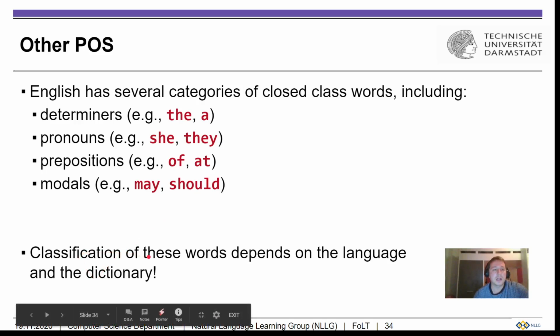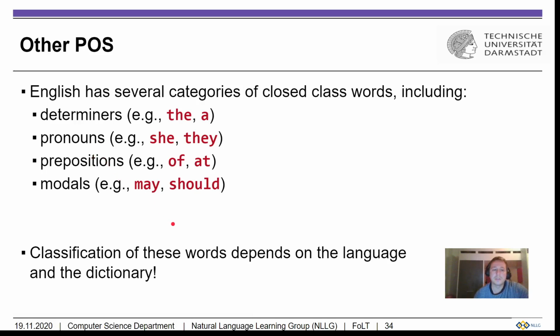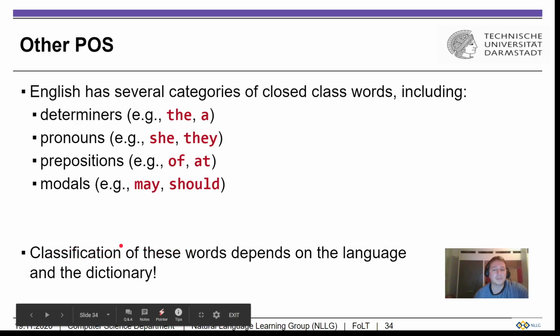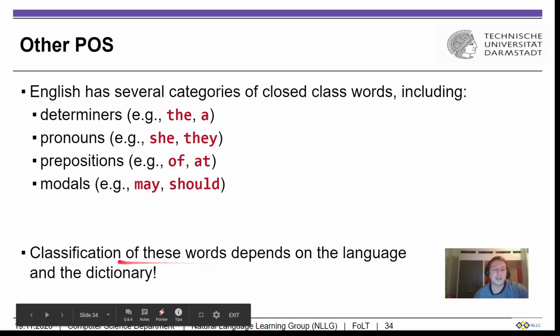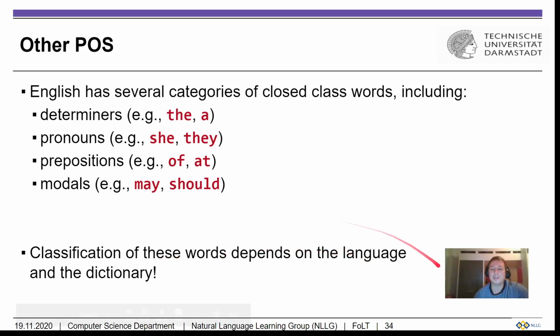And when you want to classify those, then it depends on the language, on the dictionary. I'm not sure what to say about this, so let's more or less ignore this.